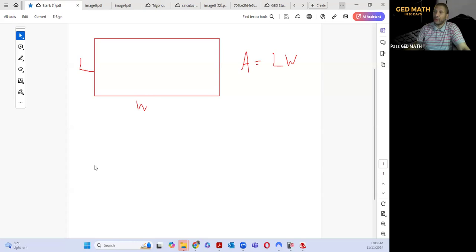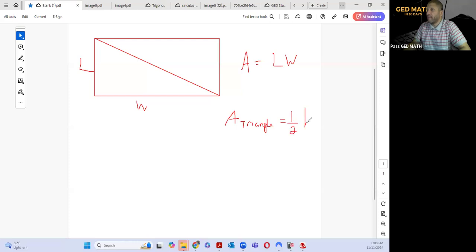Okay, so when we talk about a triangle, if I draw a triangle, what you realize is that a triangle is half of a rectangle. So the area of a triangle is one half base times height.